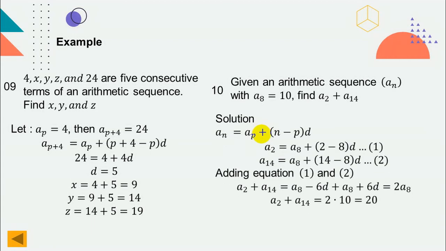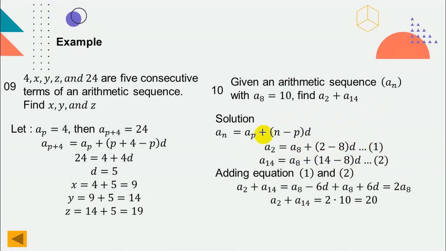Looking again at the advanced general term formula, they told us n is more than or equal to p. But in here it is exceptional, because for number 1, we have a smaller value than p, but the purpose is that we want to continue to get the second term and then the 14th term.